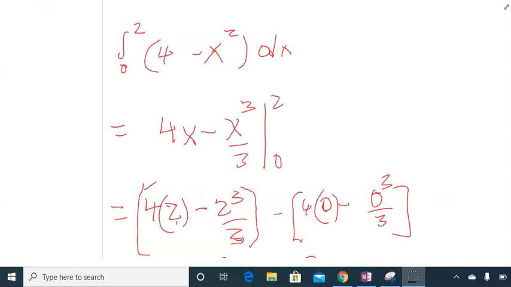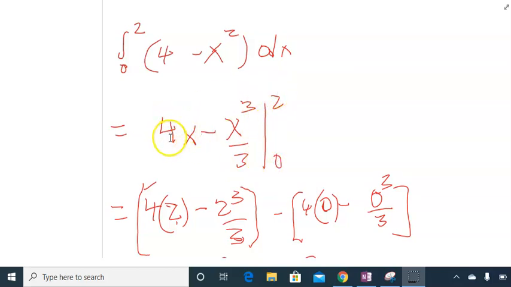The integral from 0 to 2 of 4 minus x squared dx is equal to 4x minus x cubed over 3, evaluated from 0 to 2.